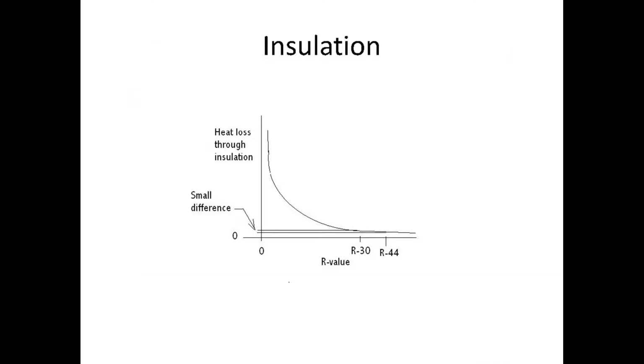When I was talking about R30 insulation, and the fact that they had increased it. In some places, they've increased it to R44, which is a lot thicker, a lot more expensive, on a new home. And this chart shows you the heat loss.